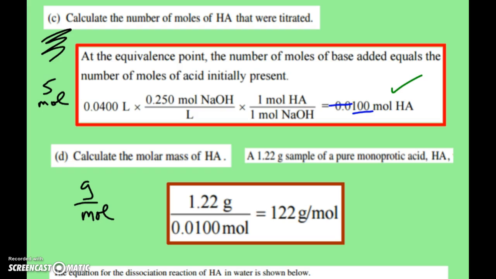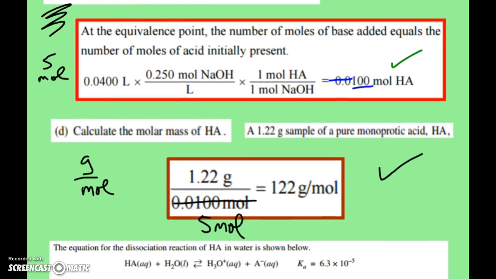Just put an answer there, and then use whatever you put up there right here. So you'd go 1.22 divided by 5, give an answer, and you would get that point because you properly used the calculated moles from part C to find the molar mass. All right, grab as many of those points as you can.